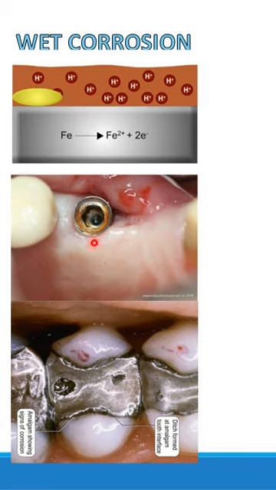So clinical examples of wet corrosion, as you can see here, the implant abutment junction has been corroded, and also the amalgam restoration, where you can see pitting type of corrosion. These examples are shown here because these are the components which tend to corrode in the oral environment.